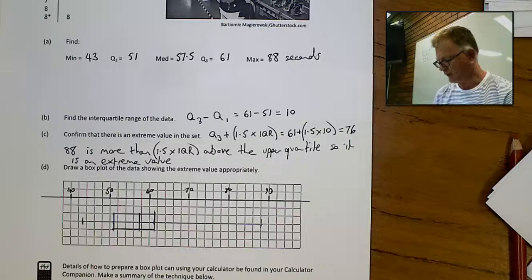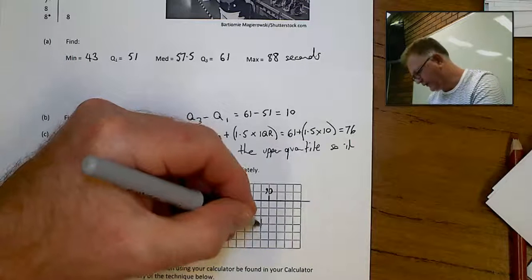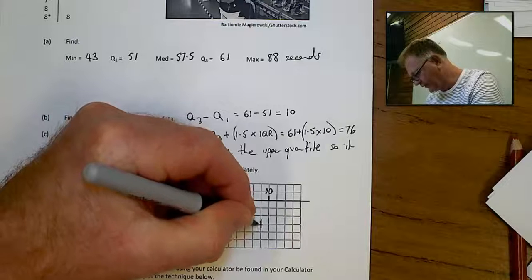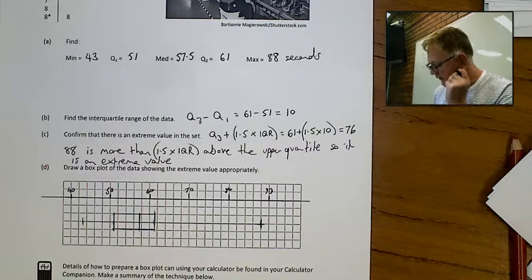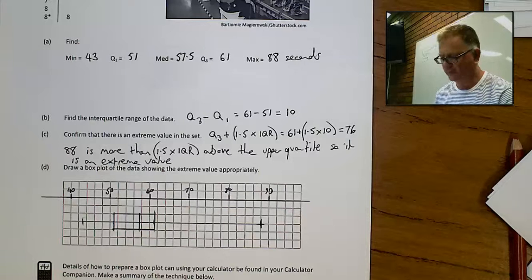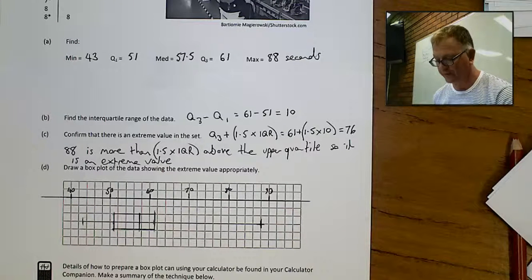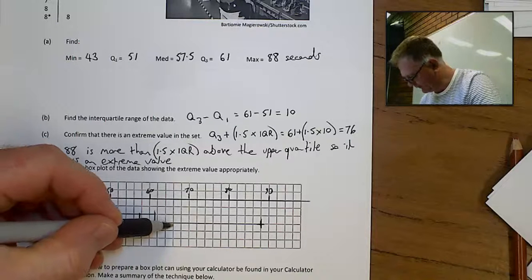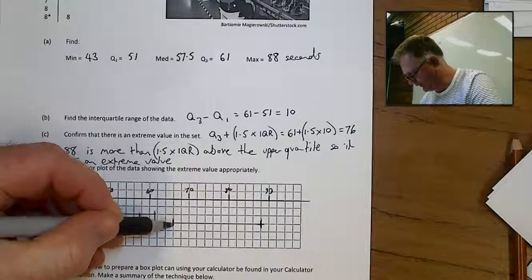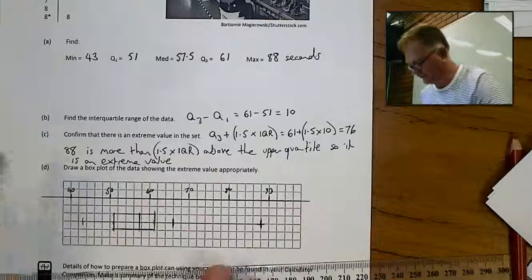So what you usually do in circumstances like this is you put a cross just to indicate your extreme value. So I'm going to put a cross there, and now the next piece of data becomes my maximum. Now the next piece of data, looking back to my original figures, was 66. So that would be just here. So you can clearly see that that one figure is an extreme value.